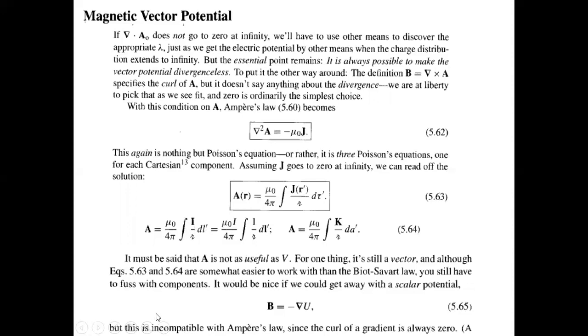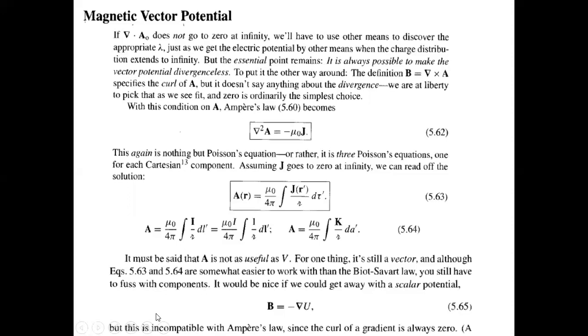But clearly A is not as useful as V. The vector potential is not as useful or easy as the scalar potential. Realize that we're dealing with a vector potential here, so the potential is not a scalar, and naturally it's not easy. But it's still a vector, and these are somewhat easier to work with.